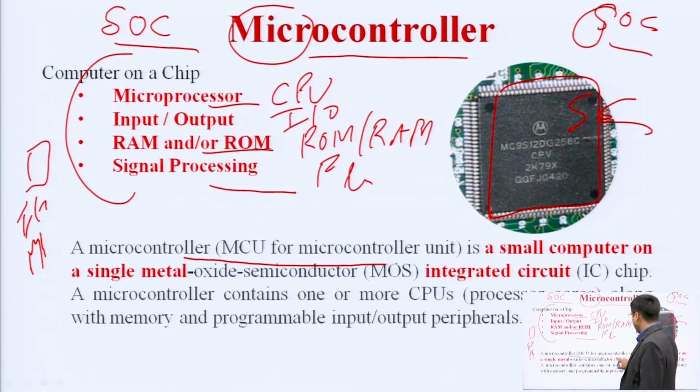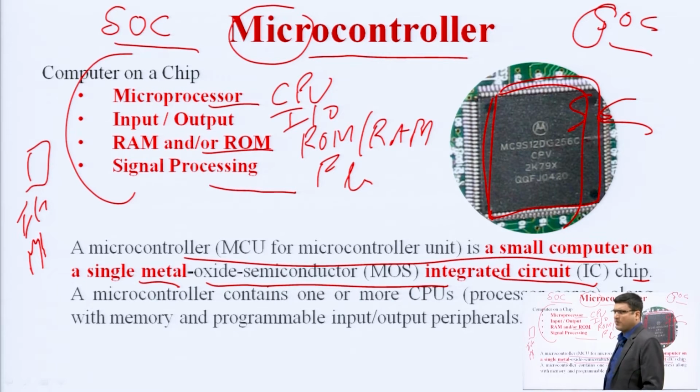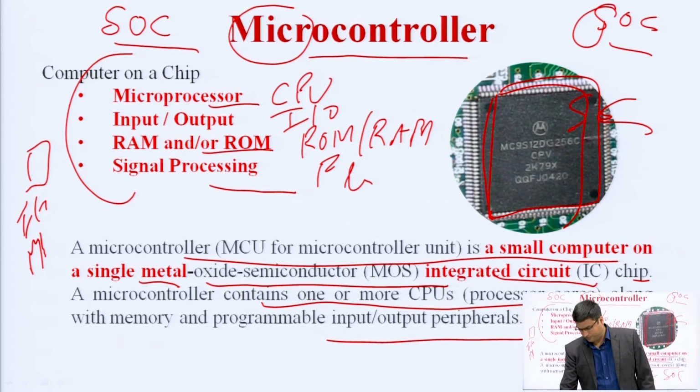So a microcontroller is a small computer on a chip. It can be manufactured using metal oxide semiconductor technology. Basically this is an IC chip, available in many packages like DIP and quad flat packages. A microcontroller contains one or more CPUs along with memory and programmable input output, which is why we call it an SoC, a computer on a chip.